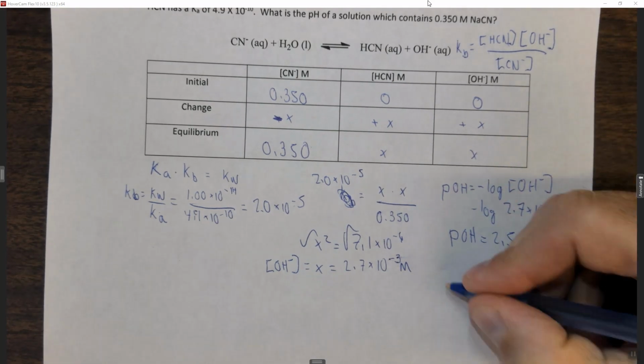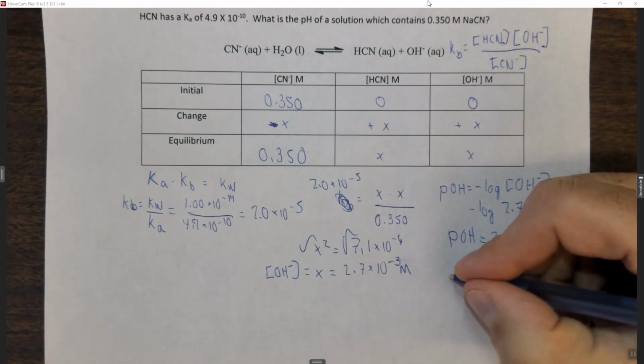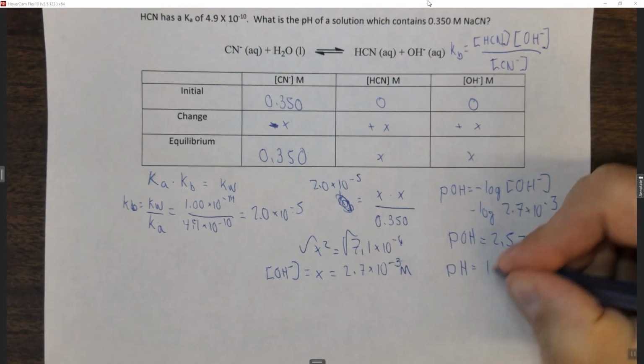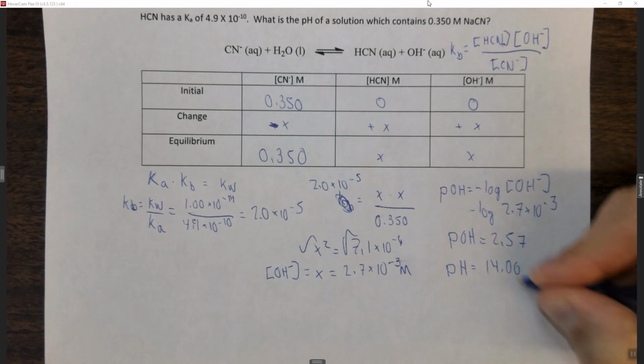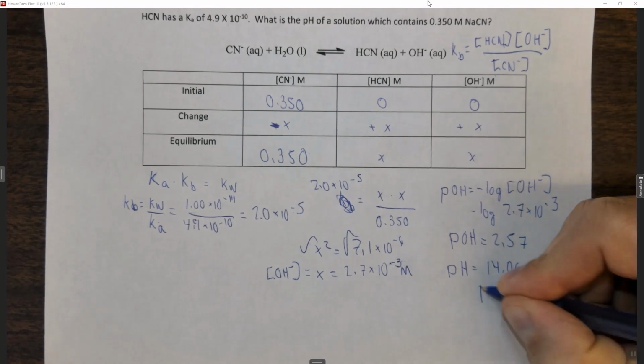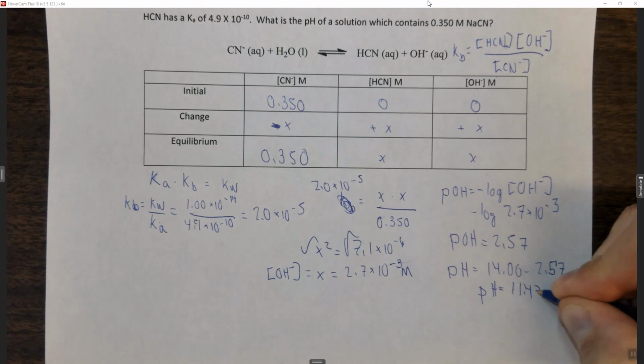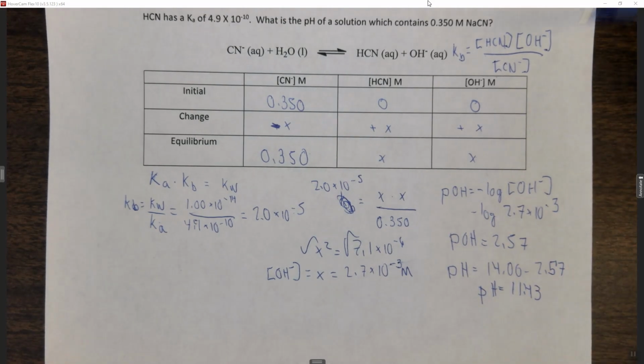2.57. But we're not asked for the pOH, we're asked for the pH, and the pH equals 14 minus the pOH, which is 14 minus the 2.57, and the pH is equal to 11.43. So in this case, we found the pH of this solution, which is exactly the same as 2 questions ago.